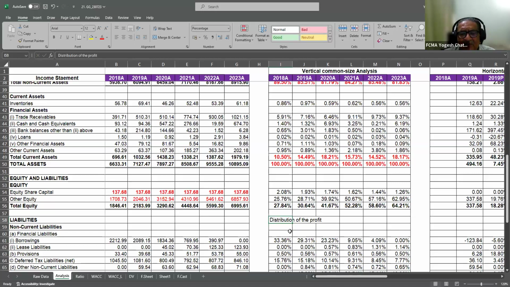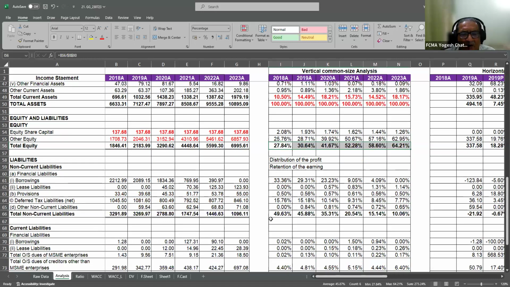And another is retention in the business, retention of the earnings in the business for future growth. So these are two alternatives, and this other equity is going up. That means this company has retained a majority of its earnings in the business, and therefore the company is not requiring debt in its capital structure. So that is the total equity.